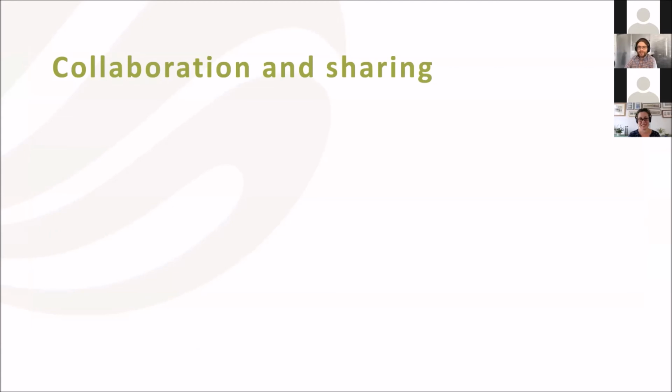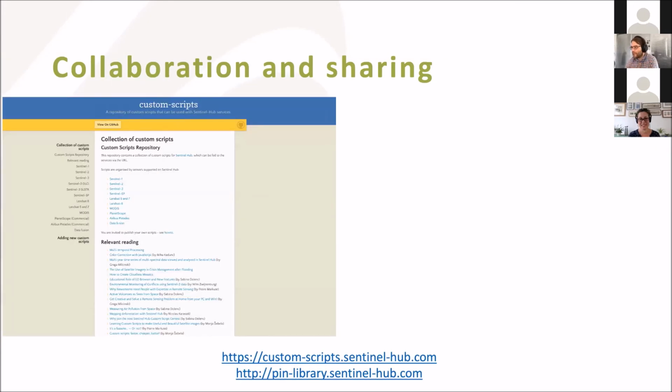How about collaboration and sharing, which is, in my opinion, quite a big part of citizen science as well. So there are two things I would like to expose here or particularly talk about. So one is the custom script. There is a lot of knowledge hidden in the Earth observation. So how do you combine various bands from various satellites into something that tells you a little bit more about what you're looking for?